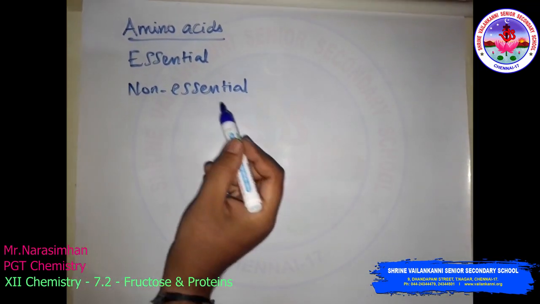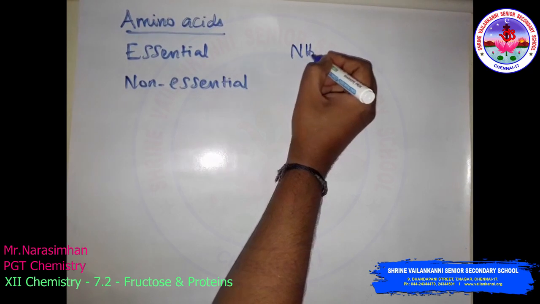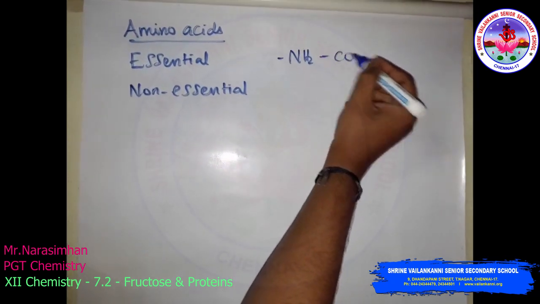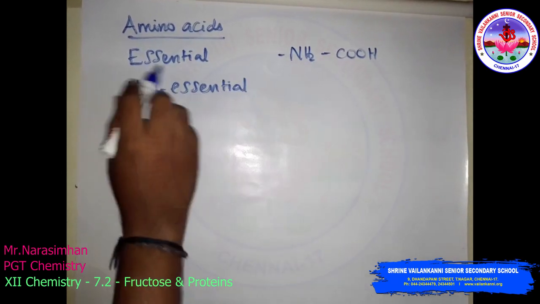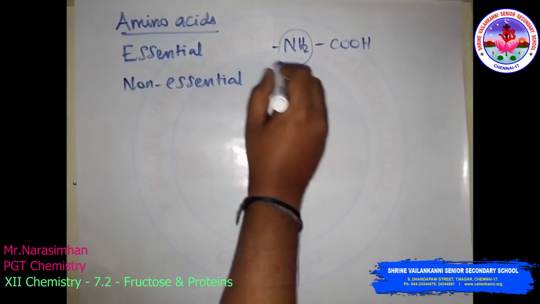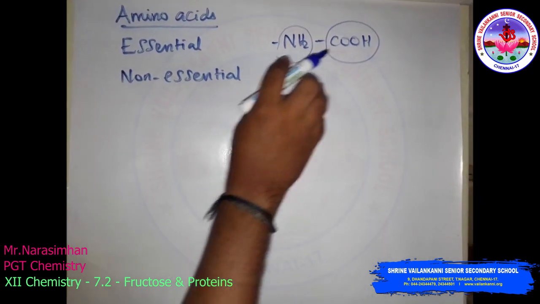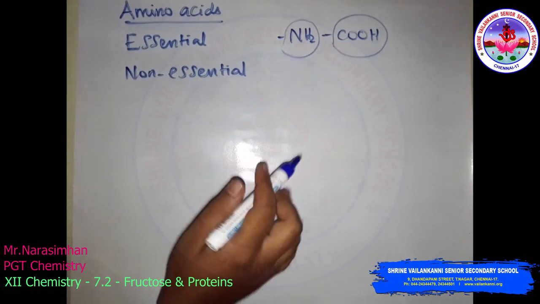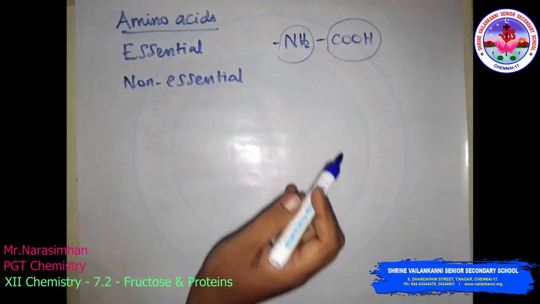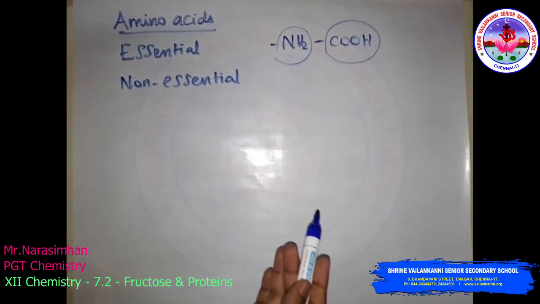See, amino acids contain amine groups and carboxylic acid groups. Before that, essential and non-essential. The number of amine groups and carboxylic groups decides whether the compound is acidic, basic, or neutral in nature.